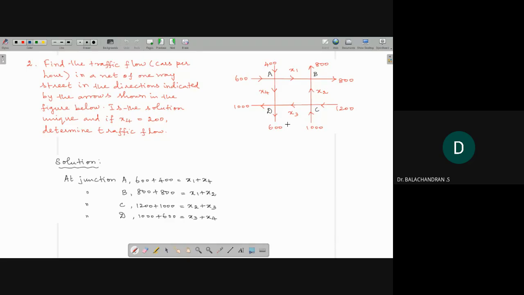Is the solution unique? That is the first question. Second question, if x4 equal to 200, determine the traffic flow. So first write the question and draw the diagram.